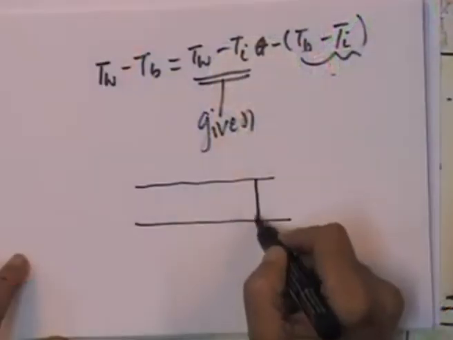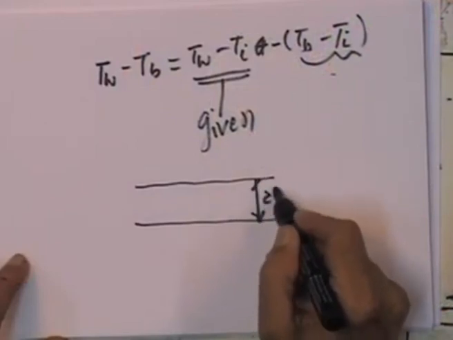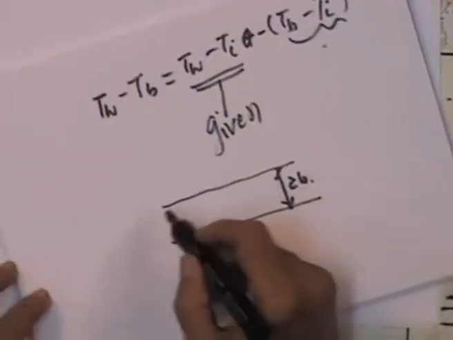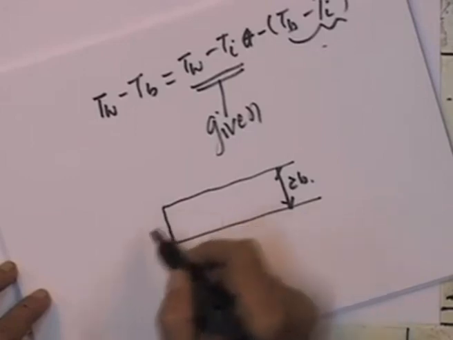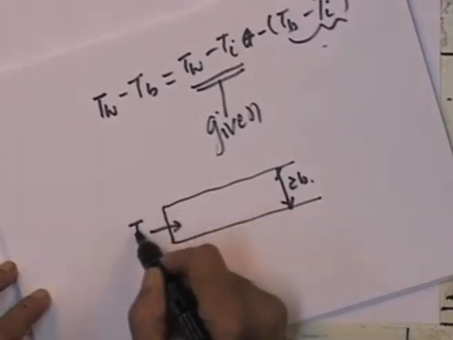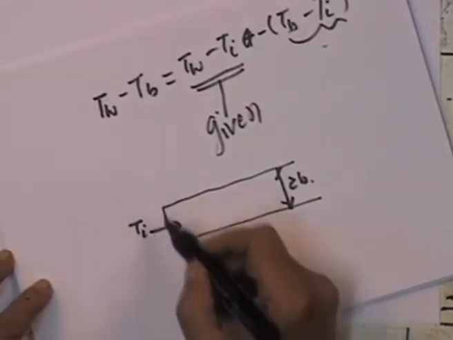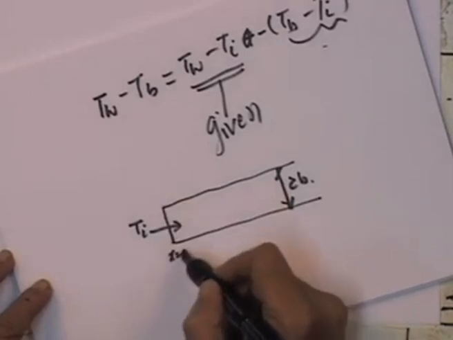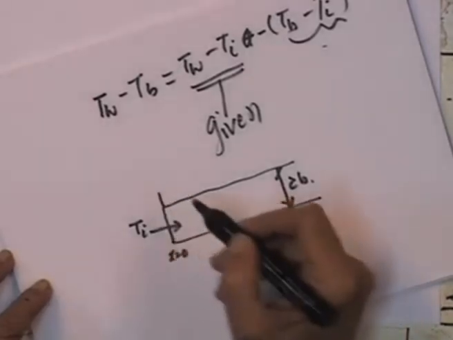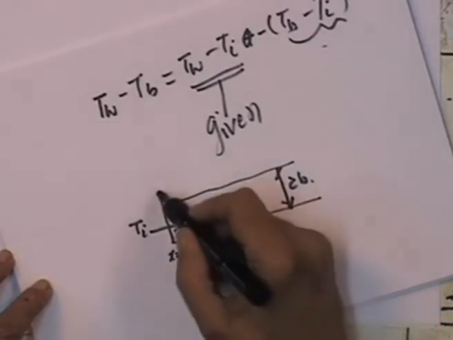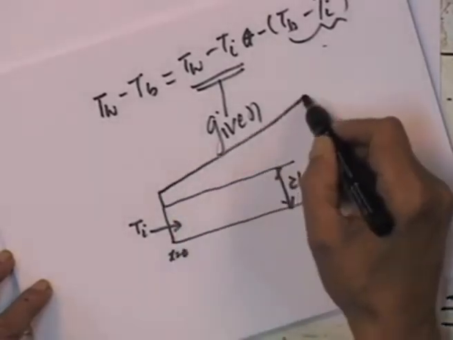So, let us move on to a problem in which I am going to consider, let us say there are two parallel plates separated by distance 2b, and the fluid enters at T I. At x equal to 0 itself, there is a jump, and then the temperature is linear.